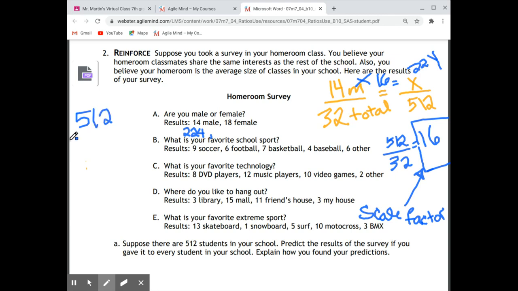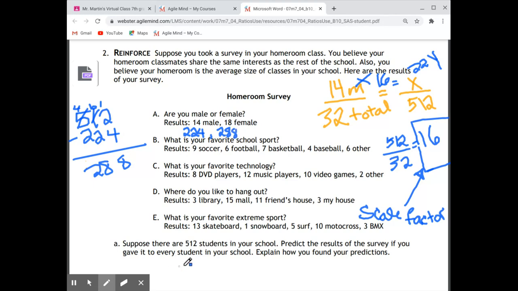So if we take 512 and subtract 224, we have 12. That would be 10. That'd be 4. What's 12 minus 4? 8. Good. What's 10 minus 2? 8. What's 4 minus 2? 2. So how many females do we have? 288. Good.